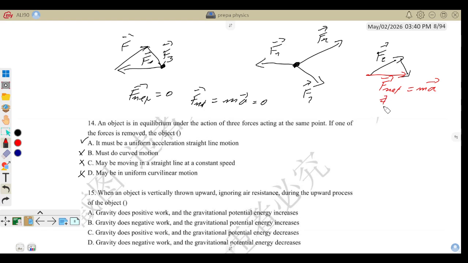If that is not 0, the a would be different from 0 as well. So a would be a certain constant, which means the acceleration would be a uniform quantity, and the motion for sure would be in a straight line. Okay, so A is the correct answer for this question.